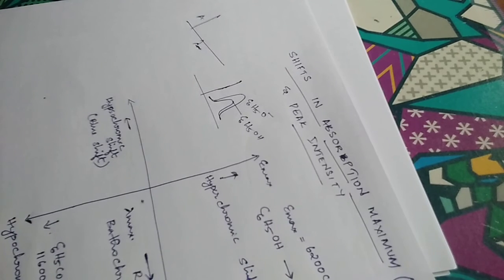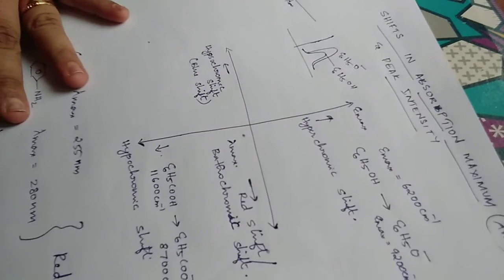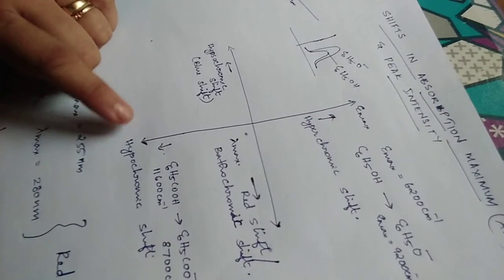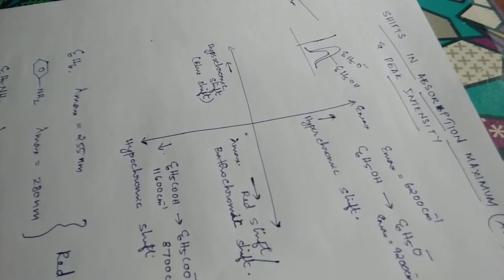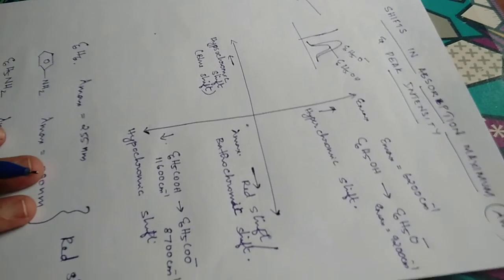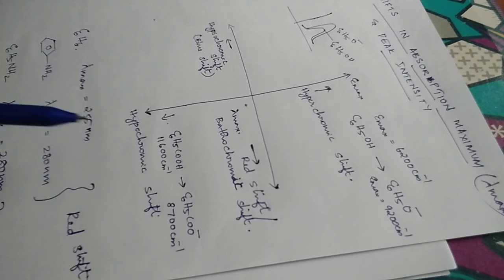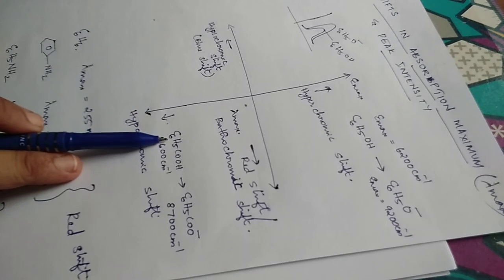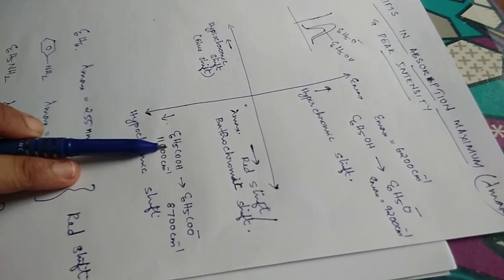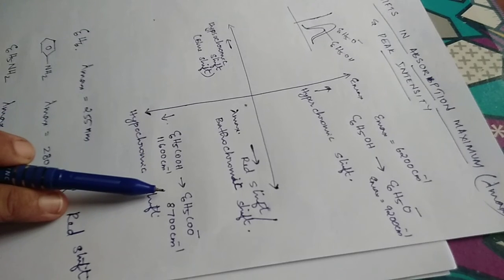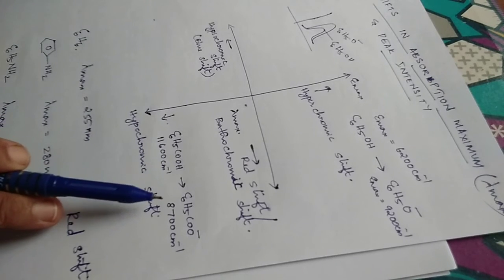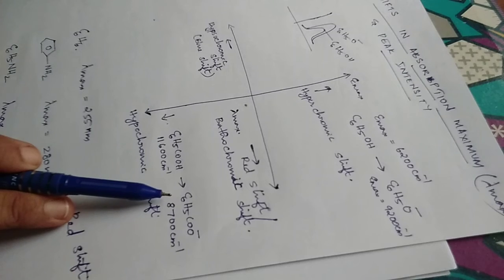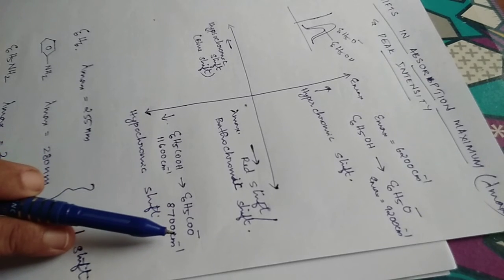And the next one is known as the hypochromic shift. Hypochromic shift means when there is a decrease in the epsilon max. Here we are taking the example of benzoic acid, C6H5COOH, converted to the benzoate ion, C6H5COO minus.